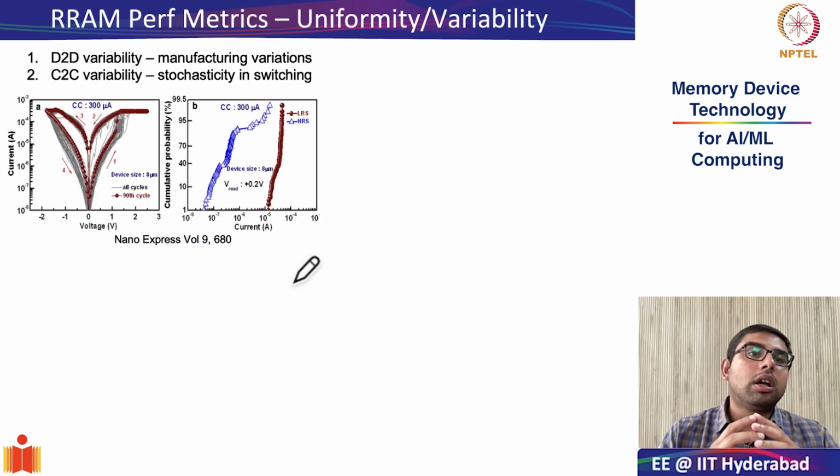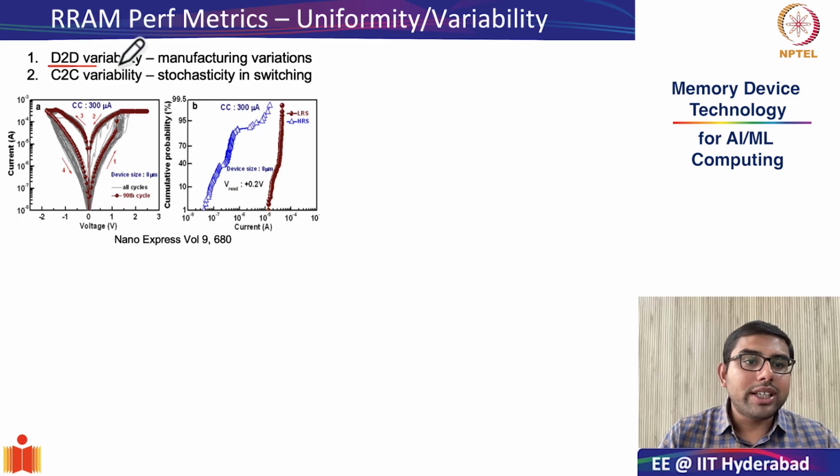The first RRAM performance metric that we would like to review is that of uniformity or variability. As you know, to have a reasonably scalable technology, we have to ensure that there is a high level of uniformity, or low variability, in our memory technology. So RRAMs, like most other devices, see two kinds of variability.